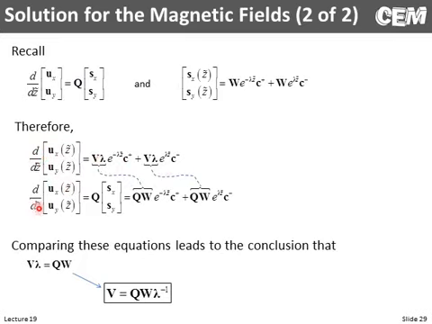We also have the derivative of the U's from this equation, which is Q times S, or Q times the solution that we have. These are both the derivative of the U's. If we compare these, we see that V times lambda equals Q times W. And if we solve this for V, the eigenvectors for the magnetic fields, we get Q times W divided by lambda. And those are all square matrices.